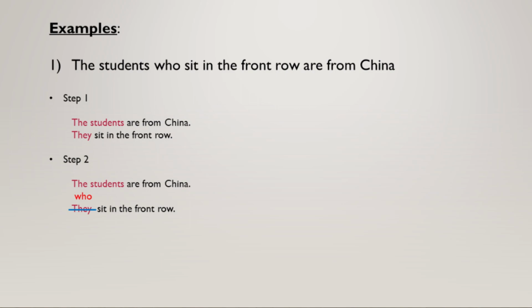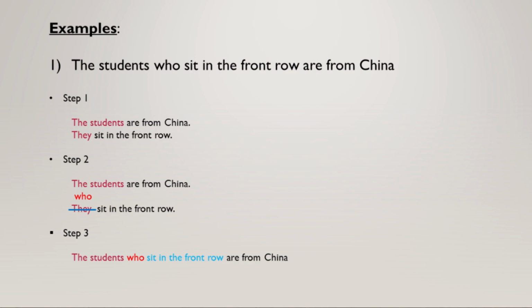And now the second simple sentence is an adjective clause, and place it immediately after the noun you are describing. So the sentence becomes, the students who sit in the front row are from China. The adjective clause is who sit in the front row. And you have to put this adjective clause after the noun because the function of an adjective clause is to describe the noun.